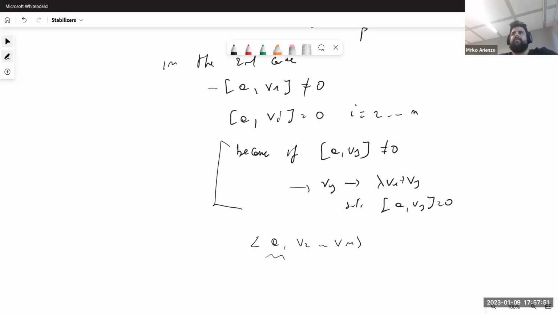If you need to update, yes, for example, you will have a new VJ vector that is a combination of the old VJ and V1, and you still replace the V1 with A. So in some way all of them will be affected. Even though I replace only one, the other ones are also somehow affected, and so this replacement of only one of them will actually affect the whole basis in some fairly non-trivial way.